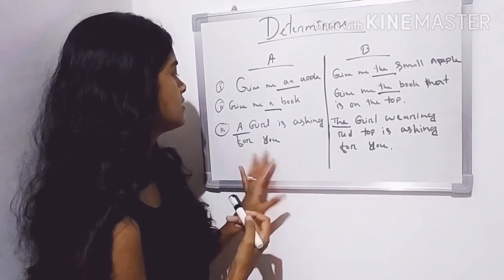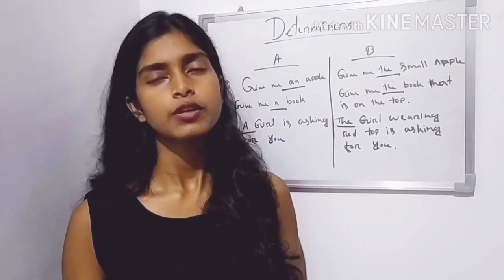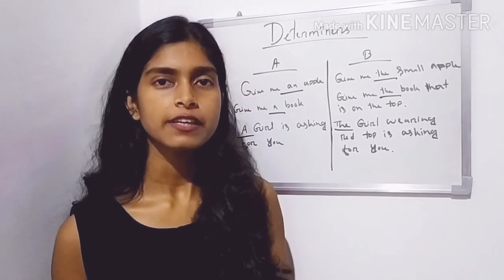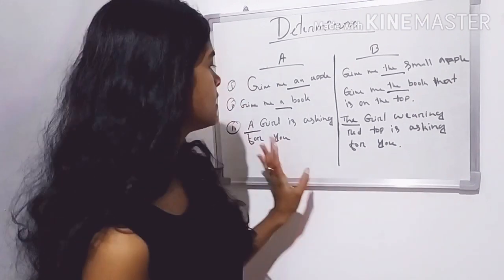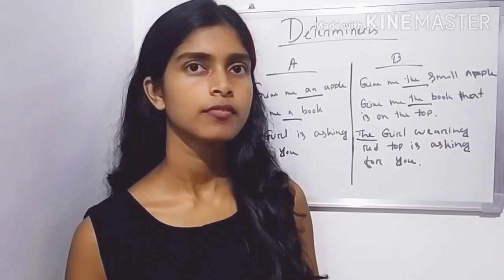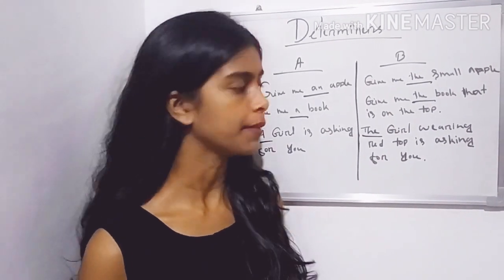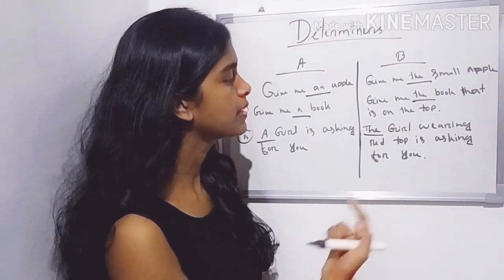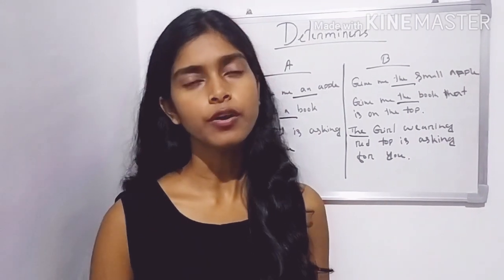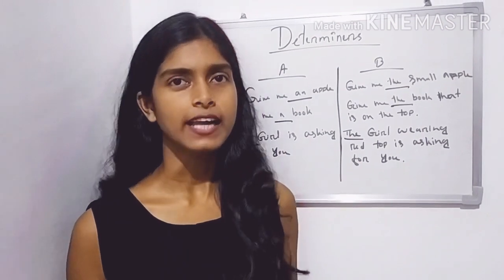In the third sentence, a girl is asking for you. That can be any girl. Outside there are many girls waiting for a person, and the person was informed that a girl is asking for him, but he doesn't know which girl. But in the other case, the girl wearing a red top is asking for you. Now the person goes outside and sees numerous girls wearing red, blue, white, every color.